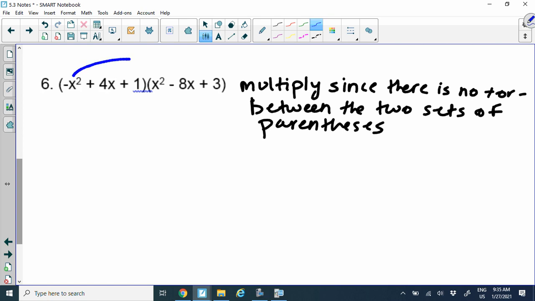Okay, I'm going to take my x squared and multiply it by x squared, negative 8x, and 3.